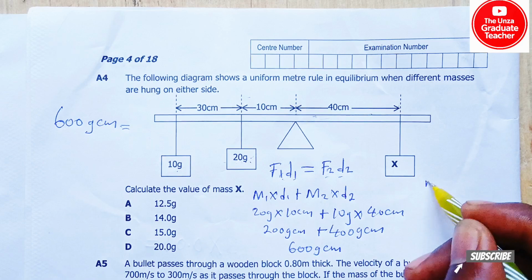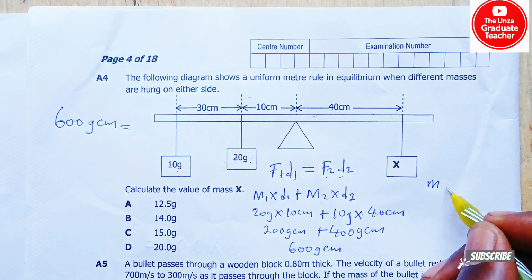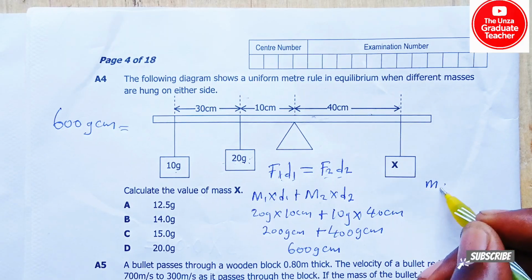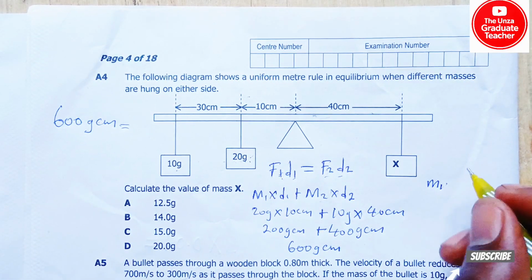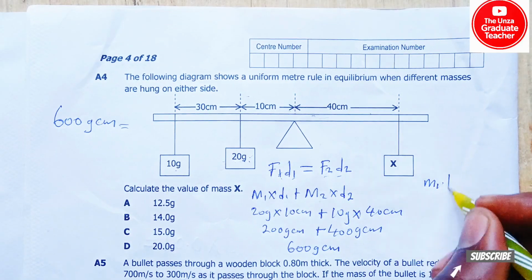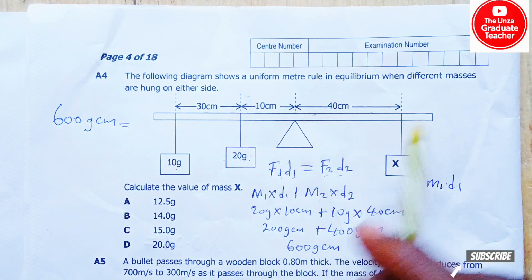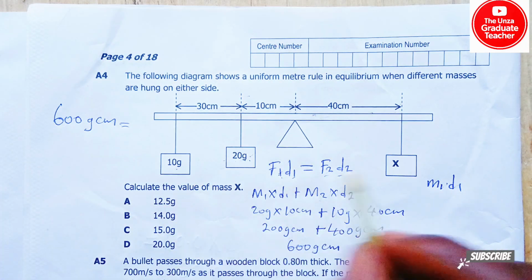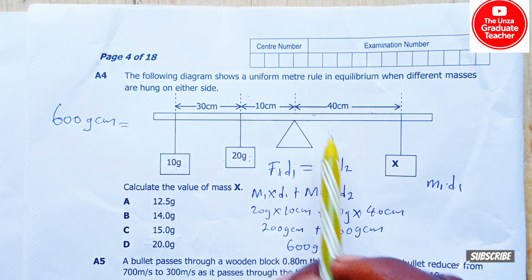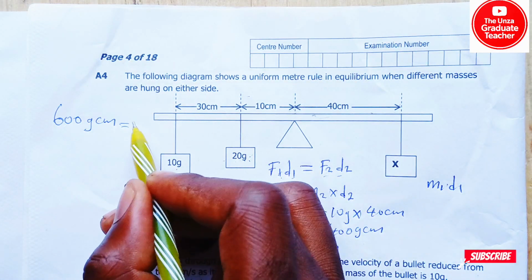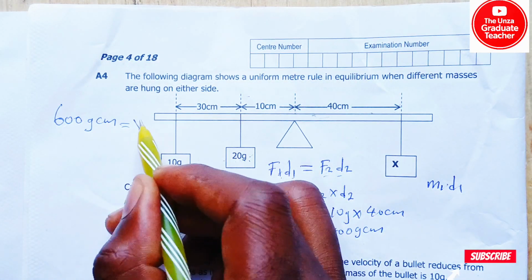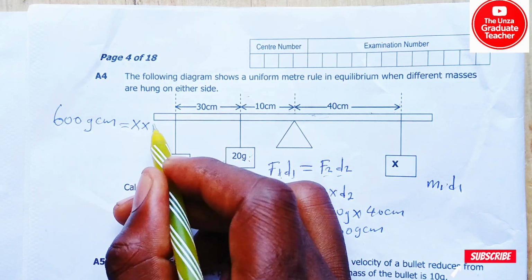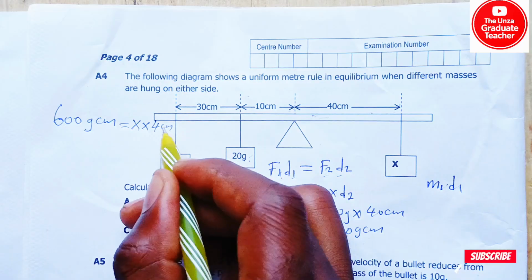So we say mass x multiplied by distance 40 centimeters.